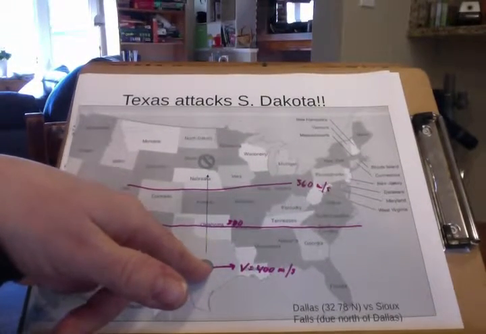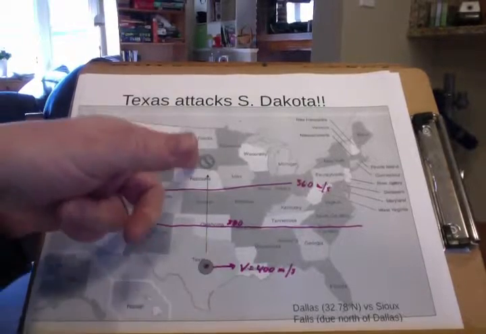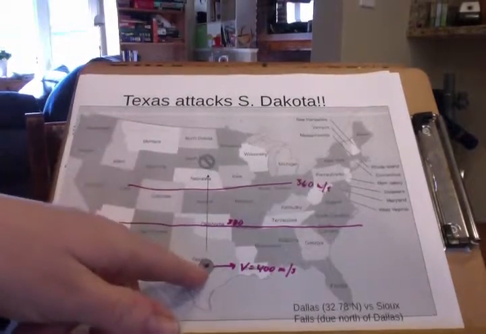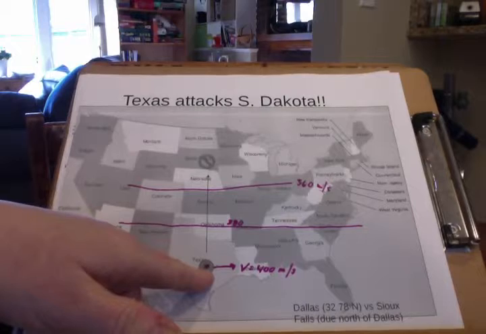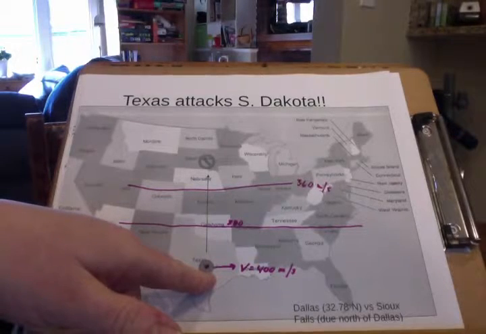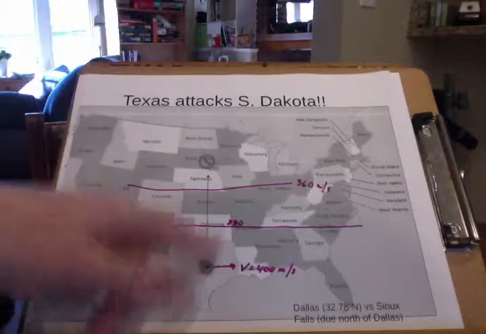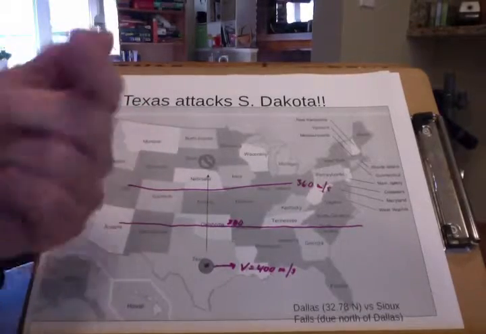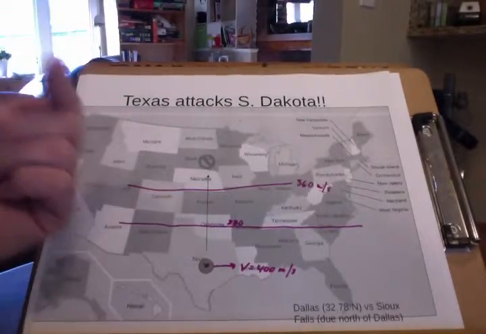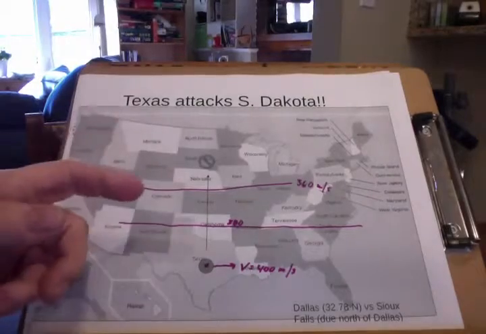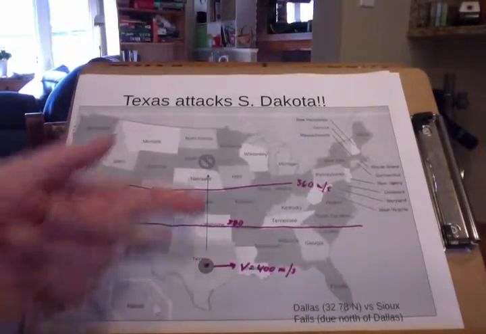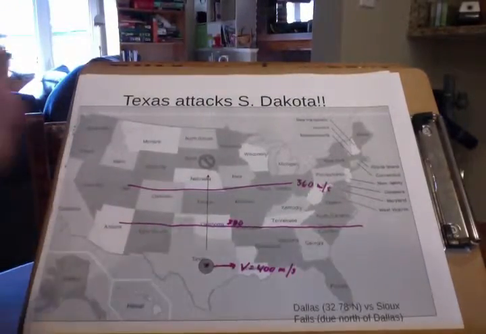All right, so when our missile, headed for South Dakota, launches from the ground in Texas, at the instant it comes out of contact with the ground, there is no longer a frictional force keeping it going along with the ground. That said, it has inertia. It has an inertia that keeps it moving eastward at 400 meters per second.